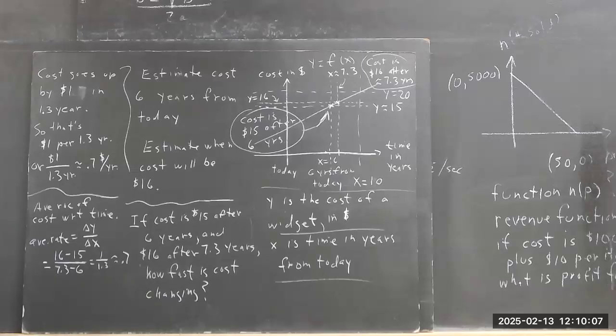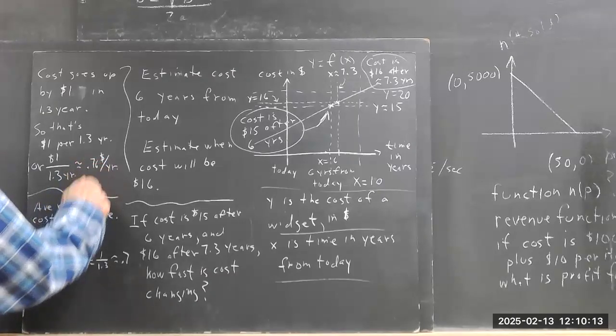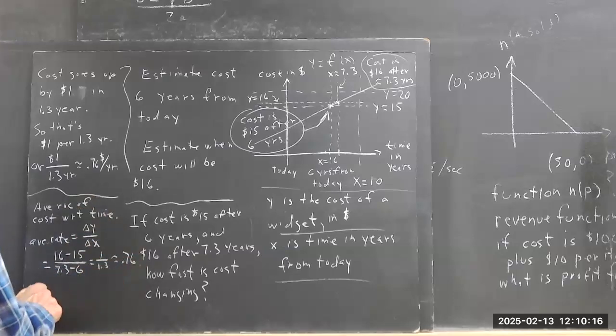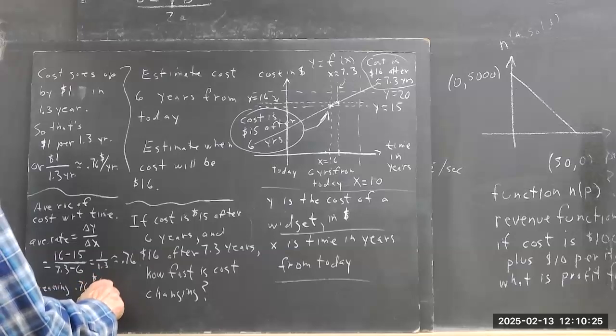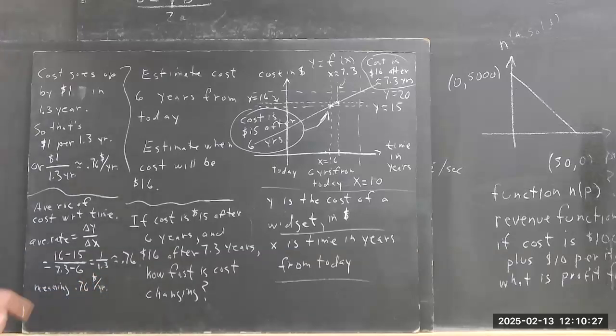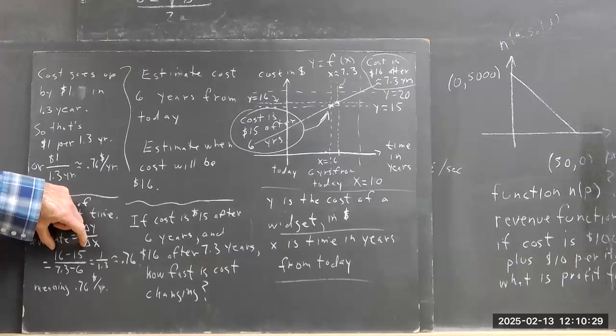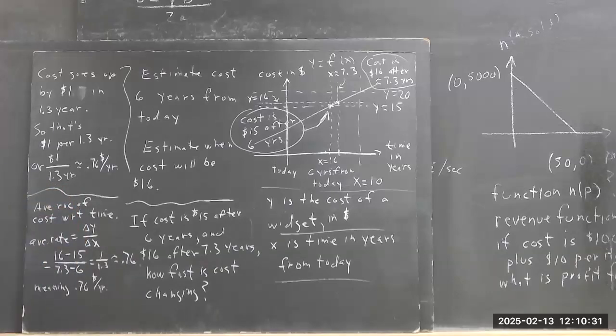I can figure it out as 0.7, 913, so that's about 0.76 dollars per year, because this numerator is in dollars and this denominator is in years, right? Does that make sense? Make sure you totally understand that.